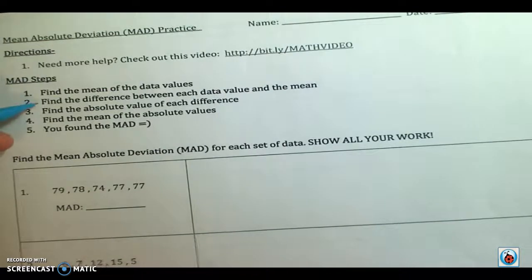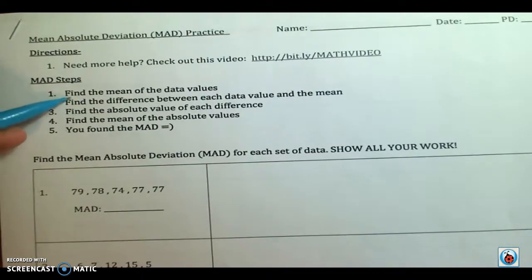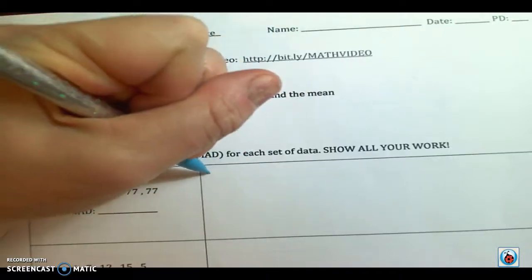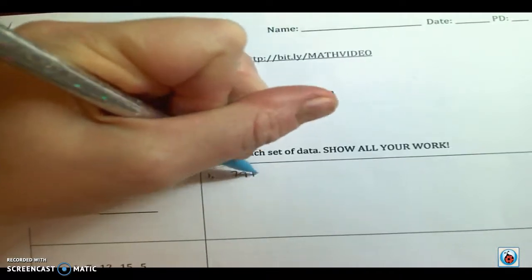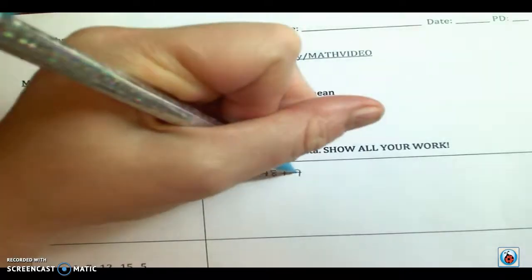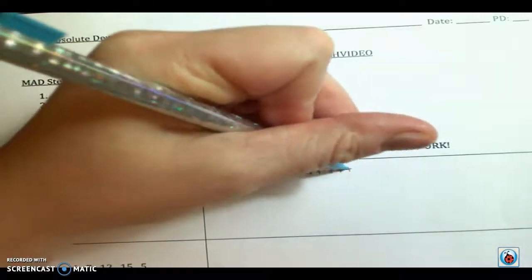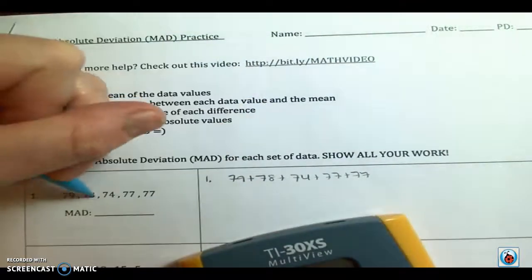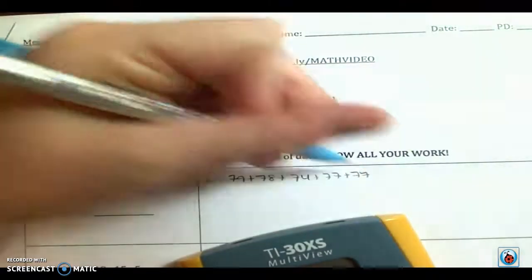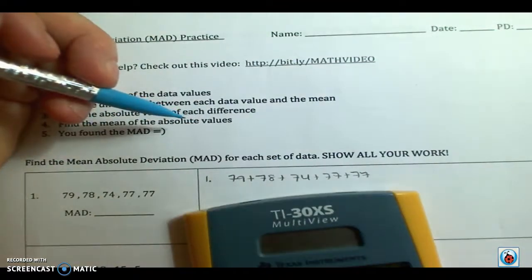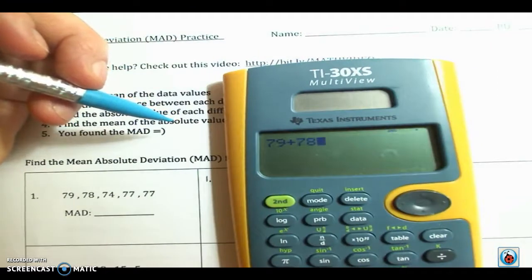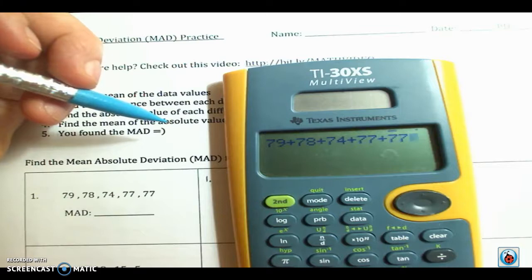All right, so step 1 says to find the mean, the average of the data values. So I'm going to go ahead and do that right now. So step 1, 79 plus 78. Again, you want to make sure that you are showing your work. I have 1, 2, 3, 4, 5. Okay, just making sure that I didn't leave off one. So 79 plus 78 plus 74, and there's two 77s.